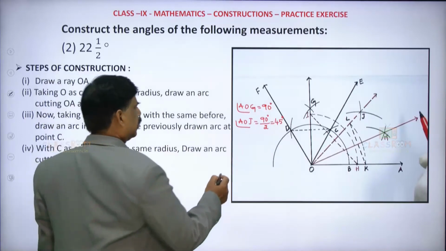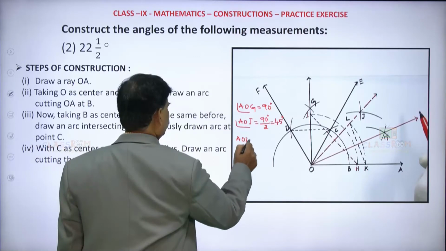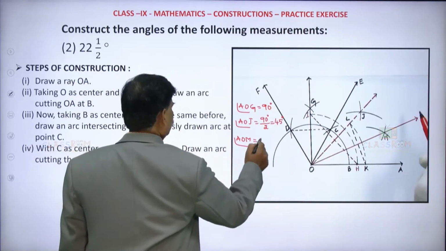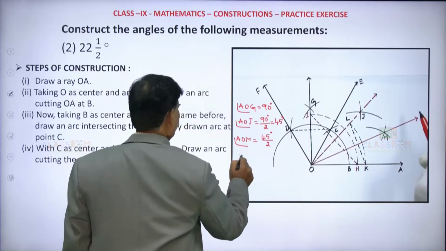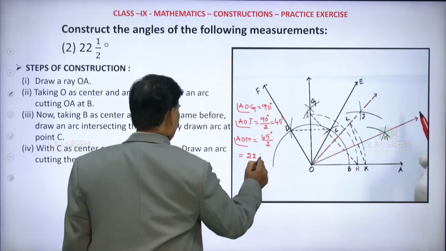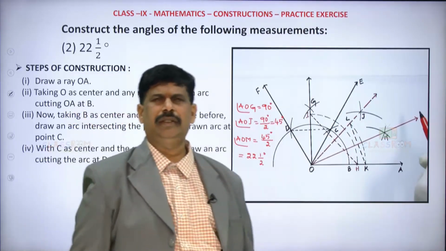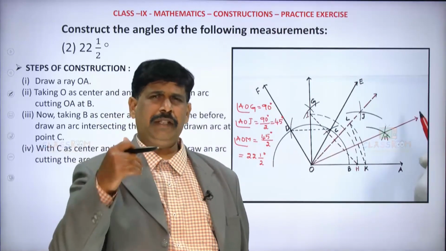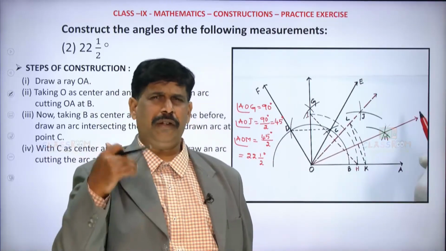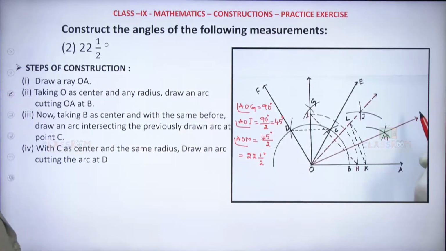And then we have drawn angle AOM, that is 45 by 2, that is equal to 22.5. Just consecutive bisectors. The bisector of 90 will become 45. The bisector of 45 will become 22.5. Let us see the remaining steps of construction here.